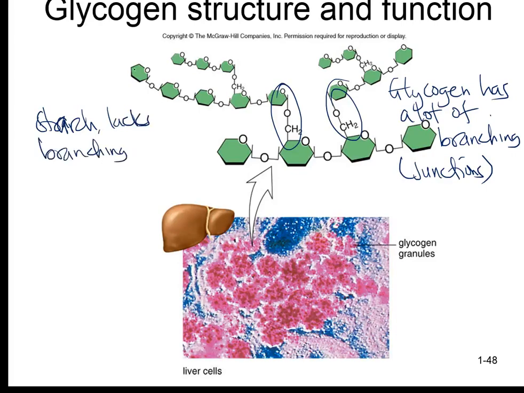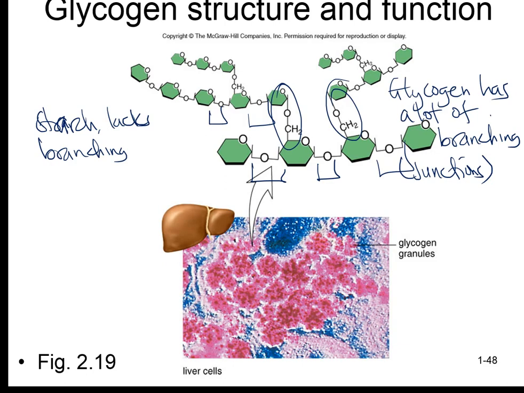It will just start from here all the way. But in terms of the connecting oxygens, they are on one side in both cases. So there are two differences between starch and glycogen.